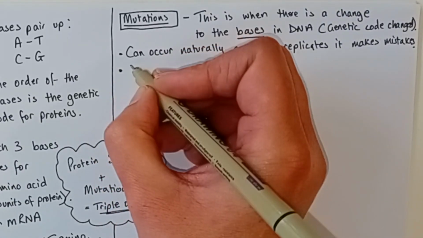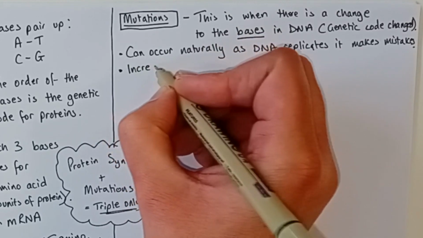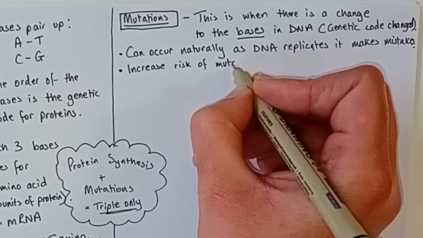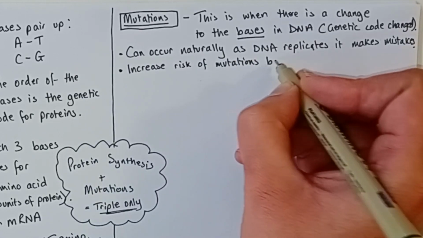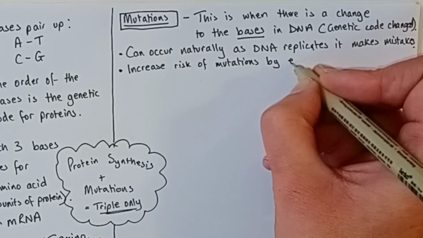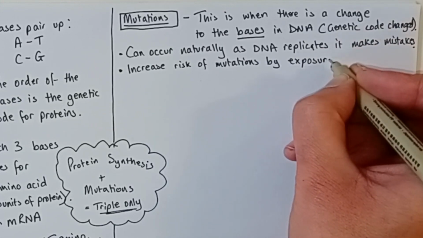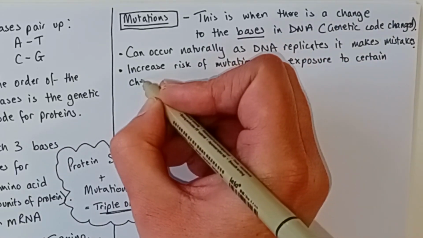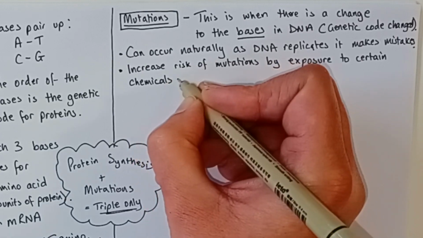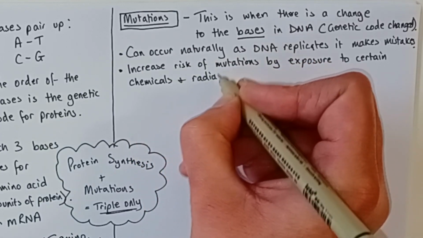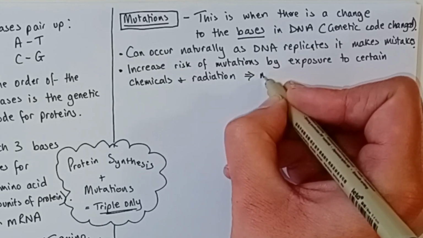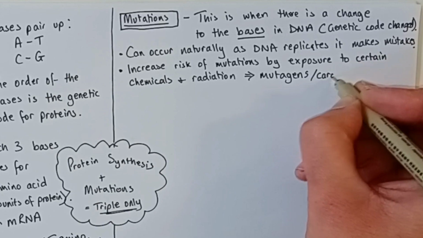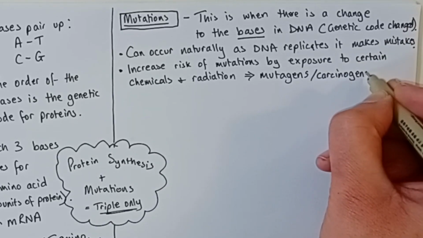So we can increase the risk of mutations by exposure to certain chemicals and radiation. We call these mutagens. They're also called carcinogens because they cause cancer.